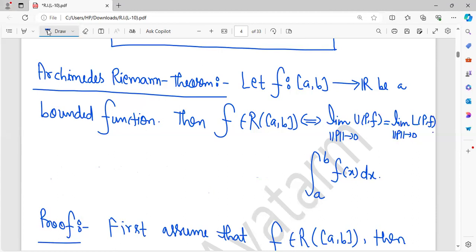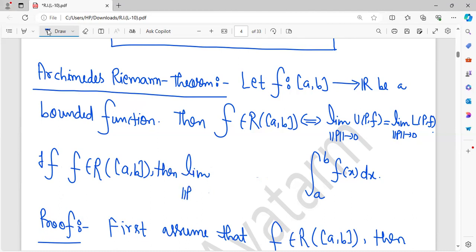If f belongs to R[a,b], then limit norm P tending to 0 of U(P,f) is equal to limit norm P tending to 0 of L(P,f).